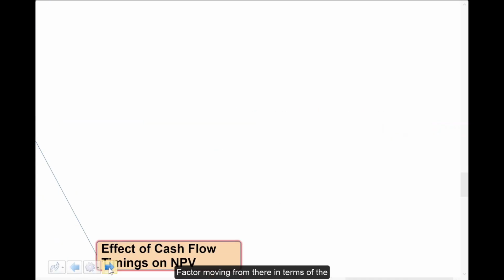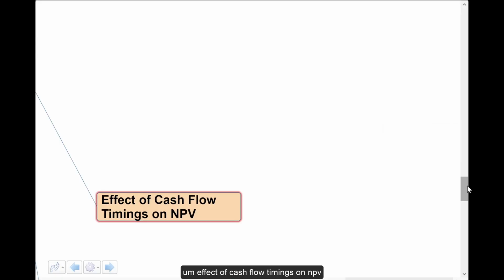Moving from there, in terms of the effect of cash flow timings on NPV, we'll know, given what we said about inflation, that really, the further away a cash flow is, the less it's going to be in NPV terms. If the cash flow is 7 years away as opposed to another cash flow that is 2, then clearly we're going to be discounting further.